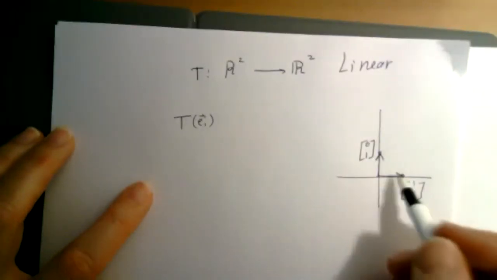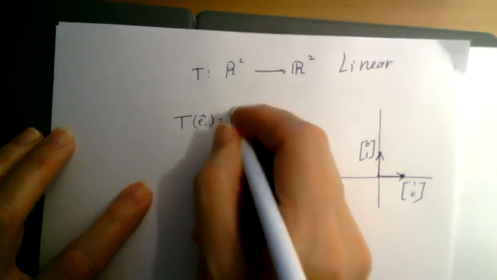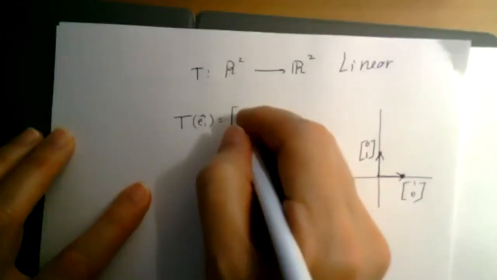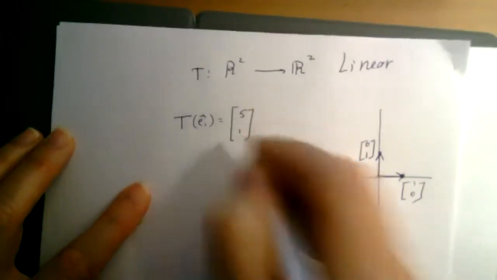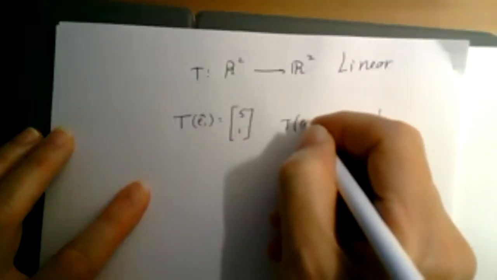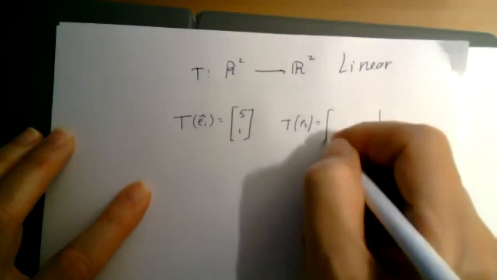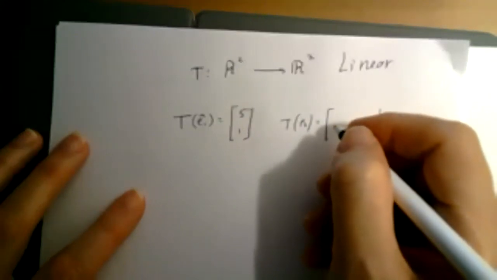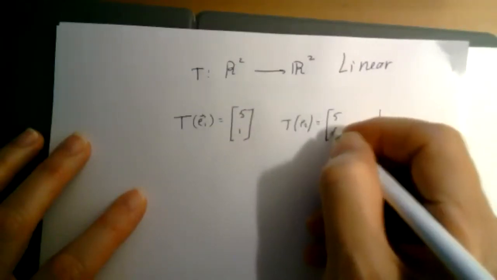Okay, so I tell you that it takes the vector E1 to the following, 5, 1. And it takes the vector E2 to the following, 5, 6. Okay, so that's what it does.